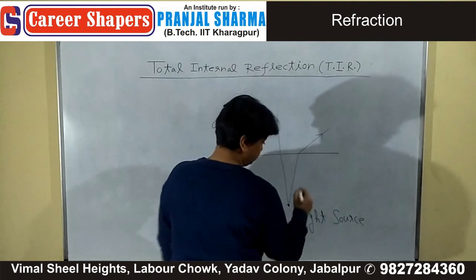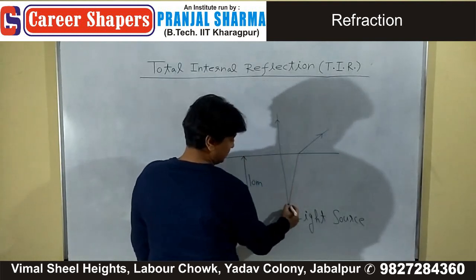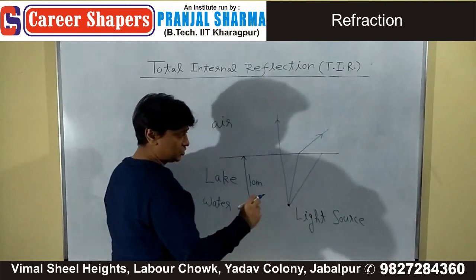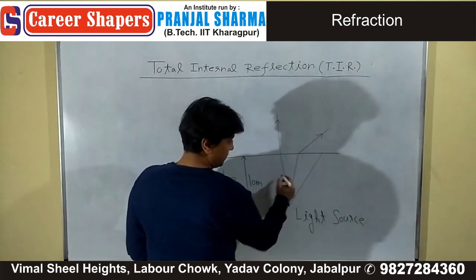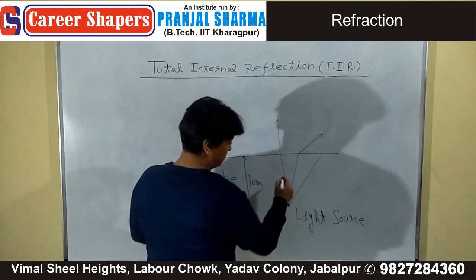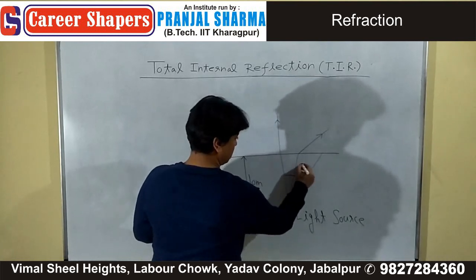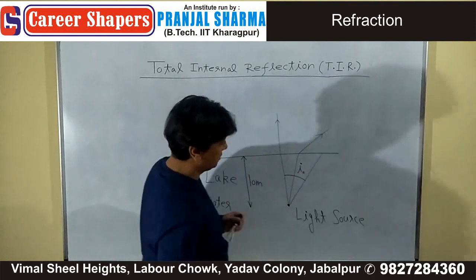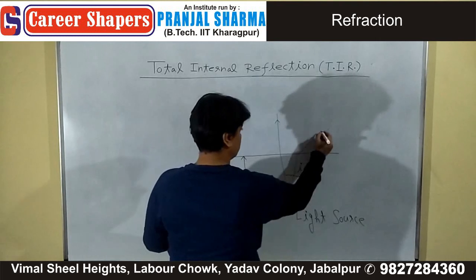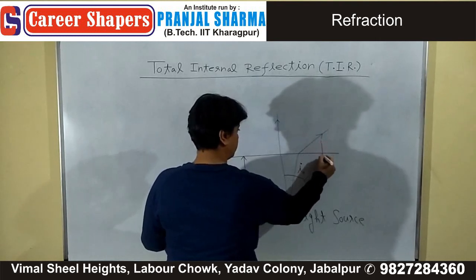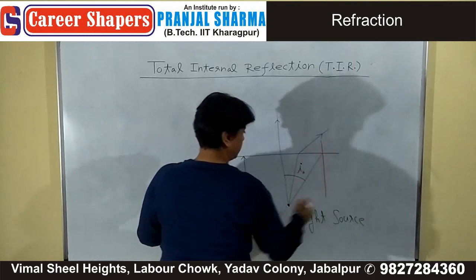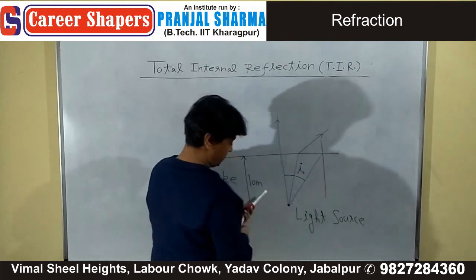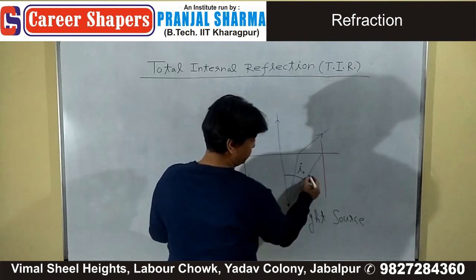Now what happens? This ray, which makes an angle of I naught with the normal, and that's the normal. If this is I naught, this is also I naught.